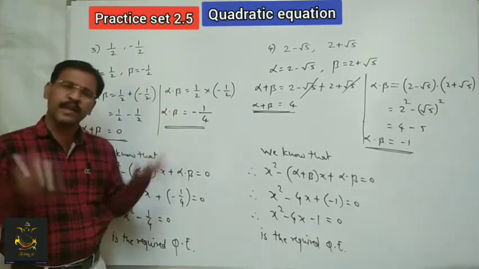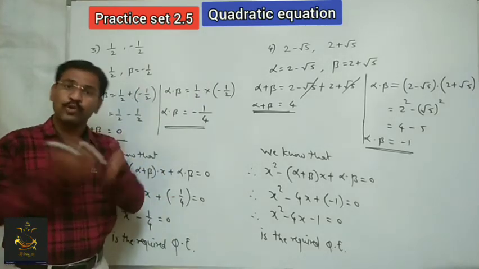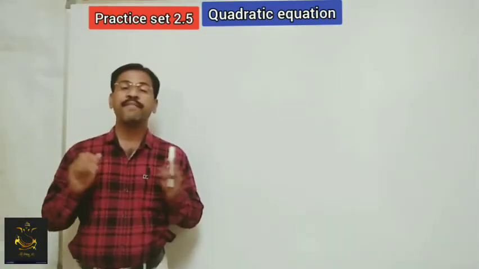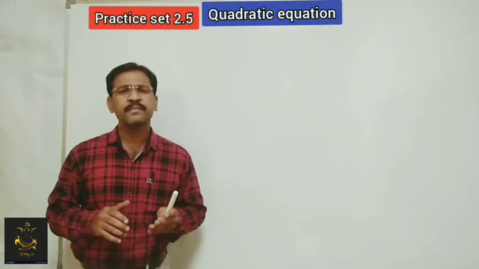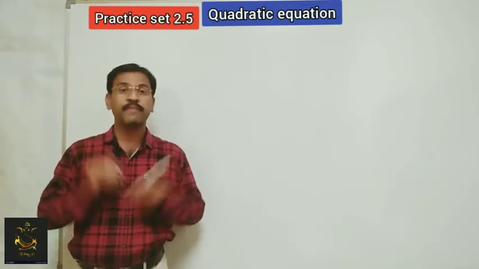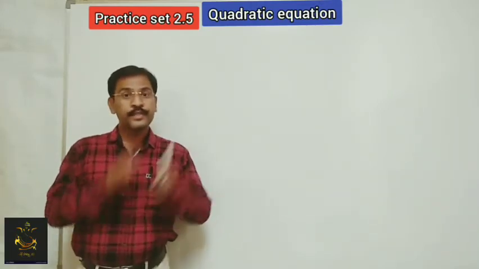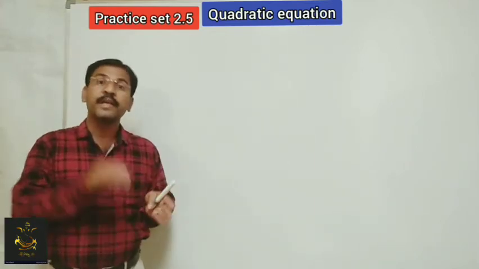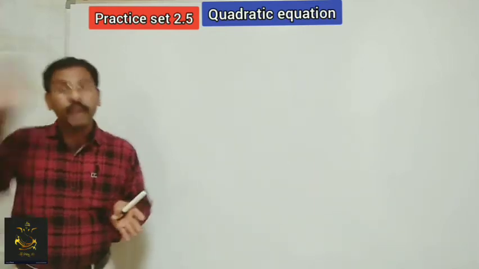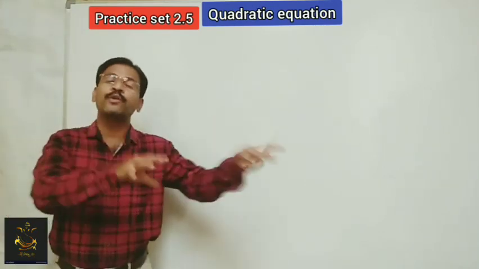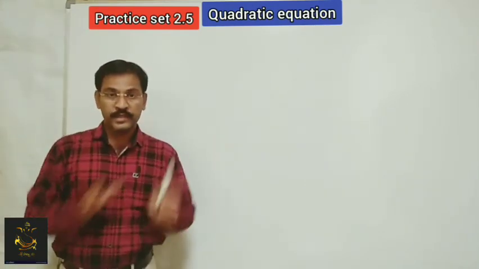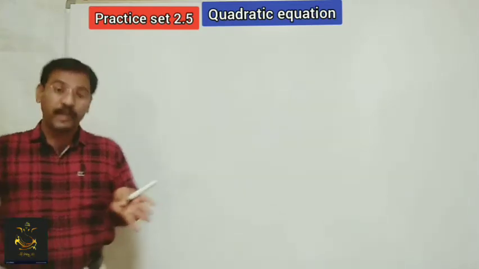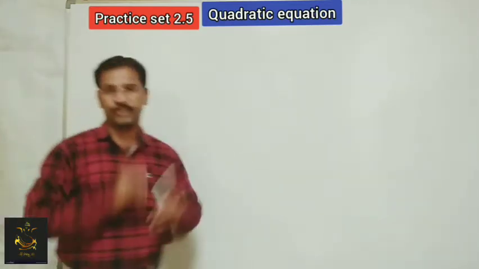Yes, friends? And you can also take some roots yourself and try to form one quadratic equation. In the fifth sum, what is that fifth sum? See here, they've given some information about that one. The sum of the roots of the given quadratic equation is equal to double the product of the same roots.